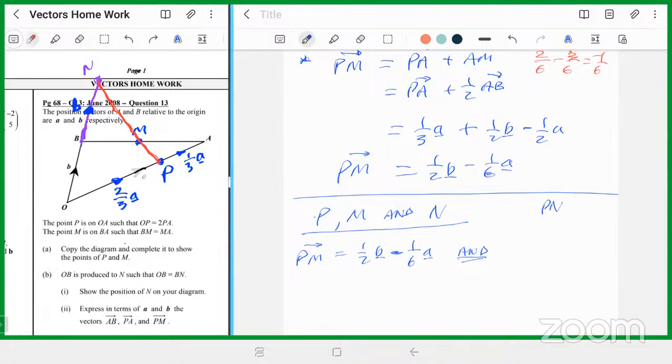PN or MN, which of these two vectors based on the diagram is easier to work out? Look at the diagram. Which one is easier to know the answer for?